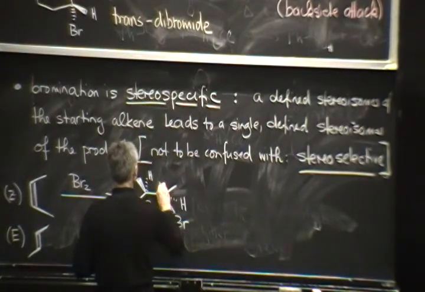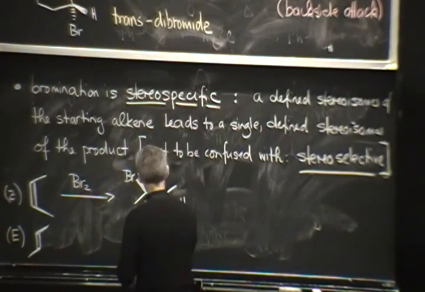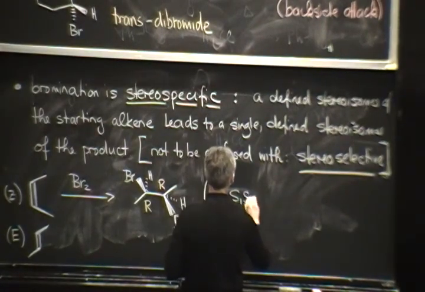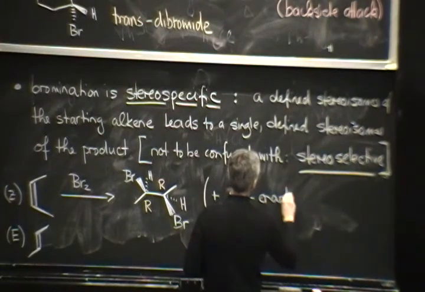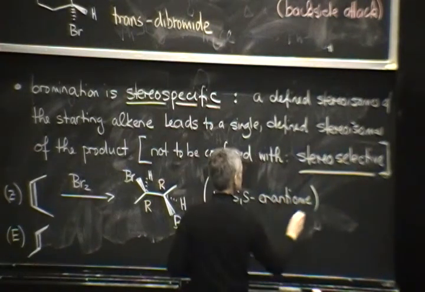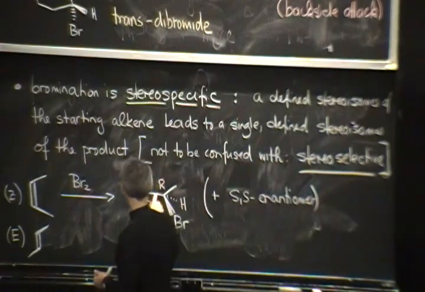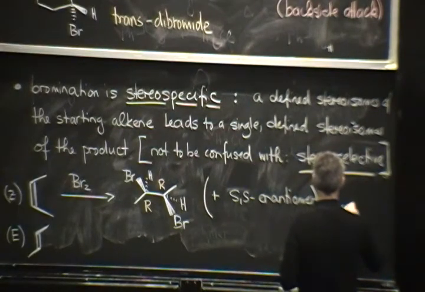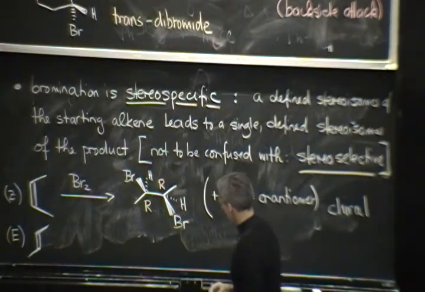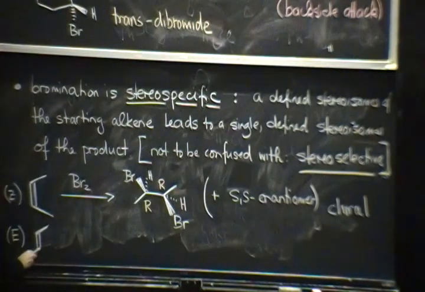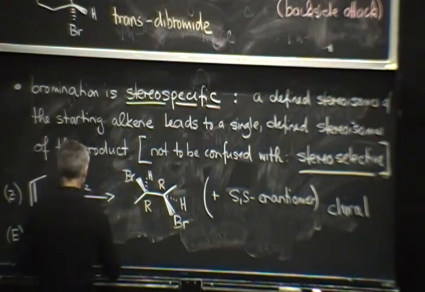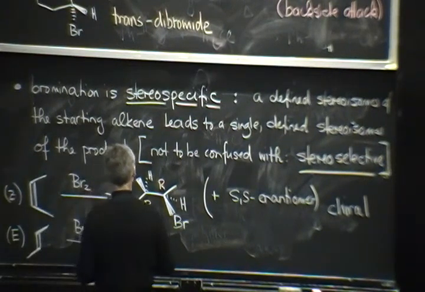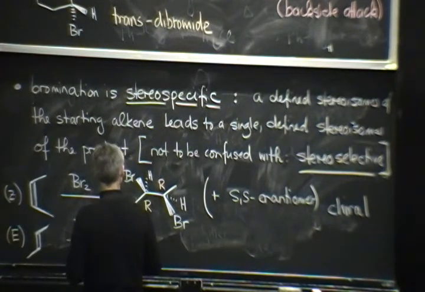And here I have R, R. And of course, in the racemic mixture, I will also get the SS enantiomer. But in terms of the diastereomer I'm getting, it is only the RR. So this is chiral, the chiral dibromide. If I do this reaction and follow the mechanism on the E-alkene, same conditions, what I'm getting now is the RS product or the meso product.